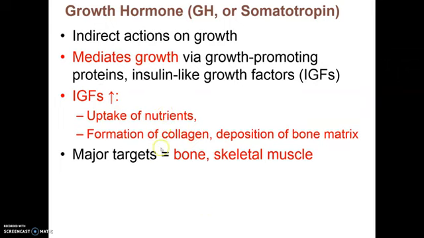It increases formation of collagen and deposition of bone. So the major targets for growth hormone are bone and skeletal muscle. As we grow, we gain skeletal mass and bone mass, bones grow in height, and muscles grow in mass.